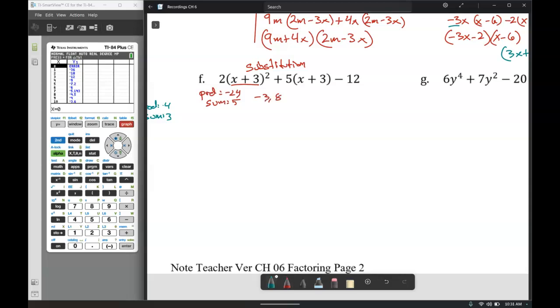But instead of using x plus 3, we're going to let x plus 3 equal some other variable like y. That lets us rewrite the equation in a much more manageable process so that we can factor it without having to deal with all the extra parentheses.